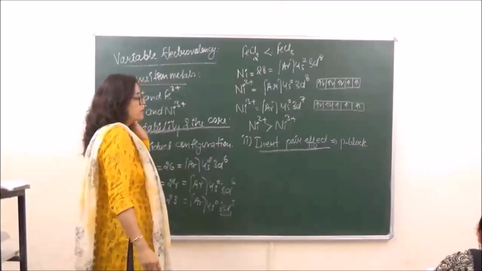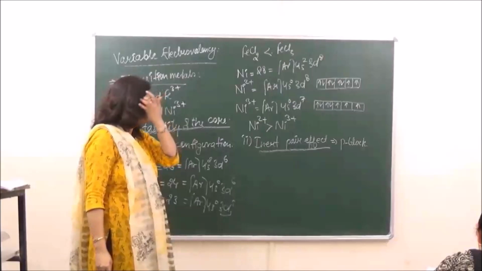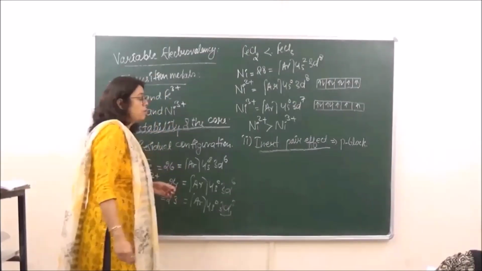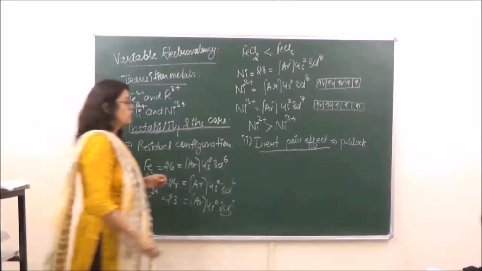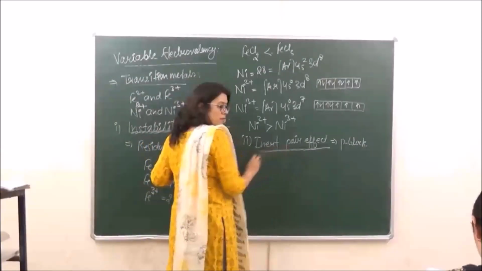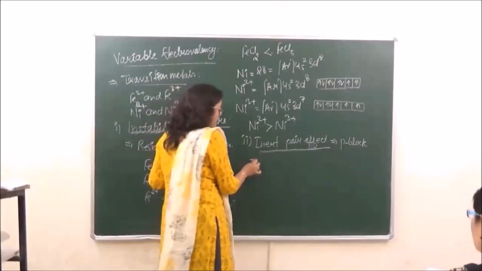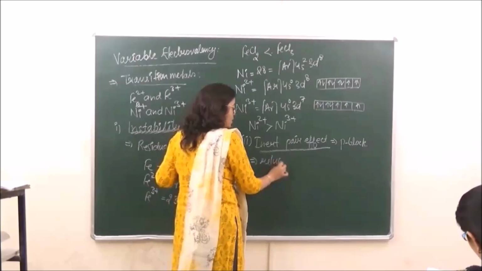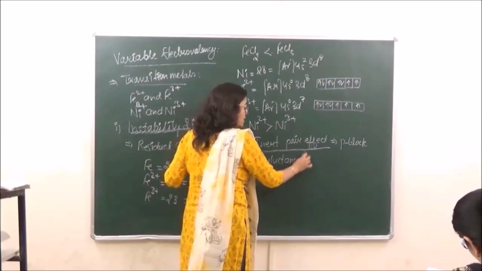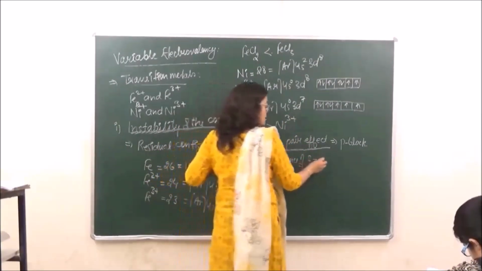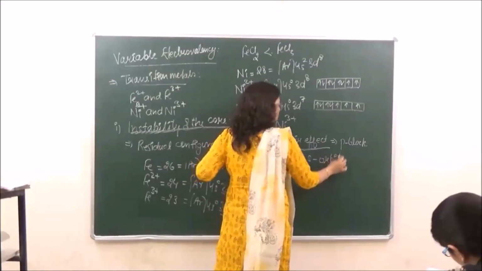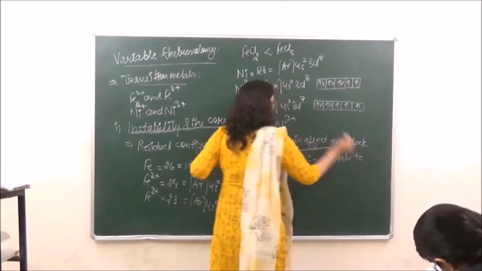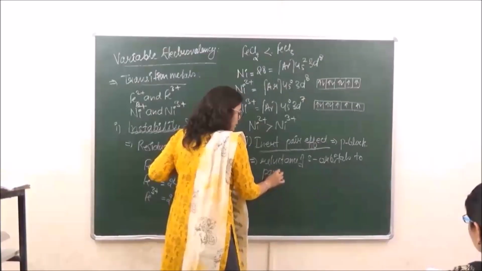When we go to the heavier members of the p block, they show variable oxidation states due to the inert pair effect. What is the inert pair effect? The inert pair effect is the reluctance of s orbitals to participate in bonding.